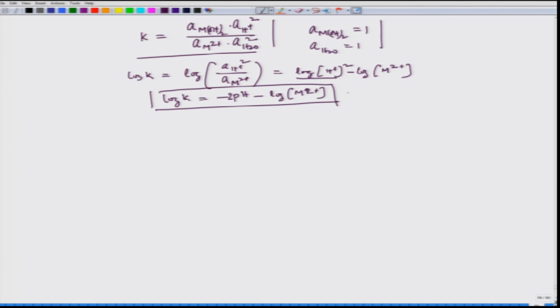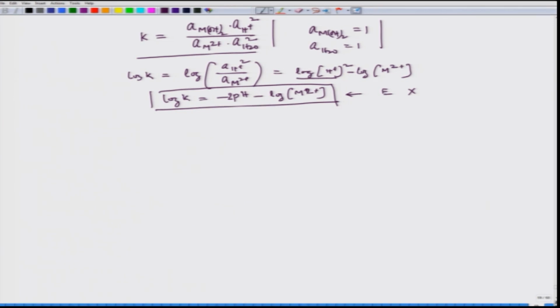But this particular reaction does not contain potential. So, the potential cannot decide this particular reaction; potential cannot tell me the stability of this reaction, because it does not involve any electron acceptance, nor is the system giving away electrons.